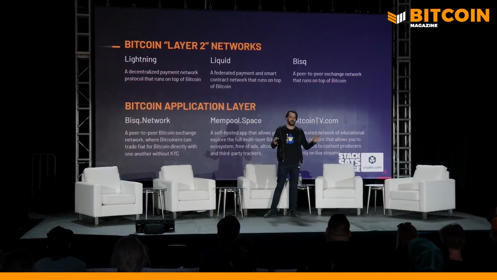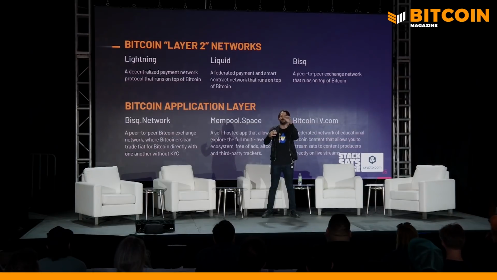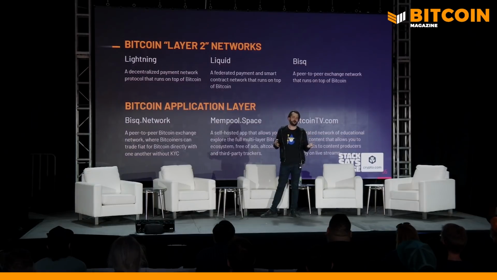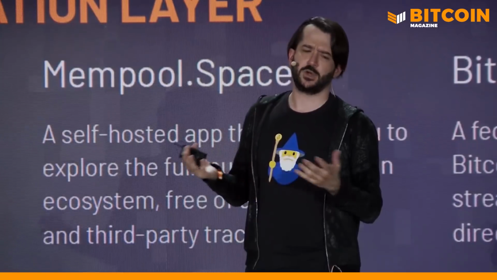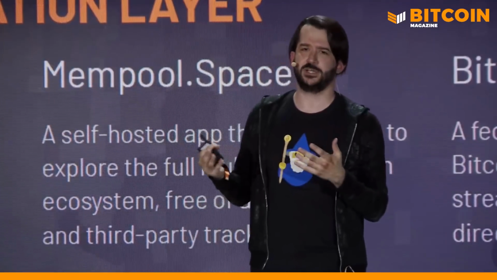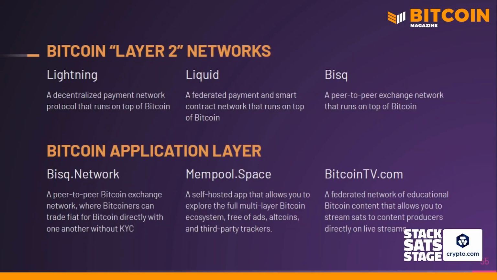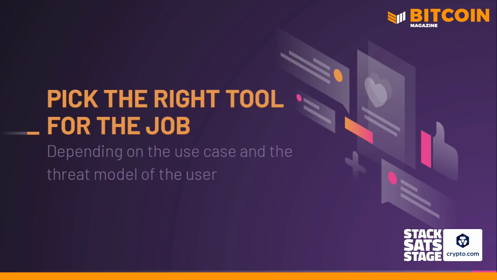There's going to be a bunch of apps developing off of this architecture where you run your own Bitcoin node, you run your own Lightning node, and then the application layer on top is going to be something like Bisq or something like mempool, or even other more fun things, like if you want to watch videos and pay the creators directly, kind of like a Patreon system, but directly with Bitcoin for their content. This is a good example of an application layer that runs on top of the layer 2 networks and the other things.